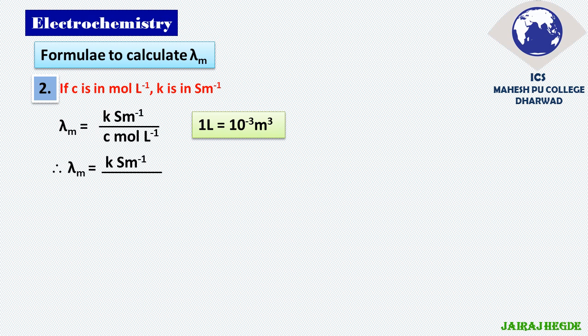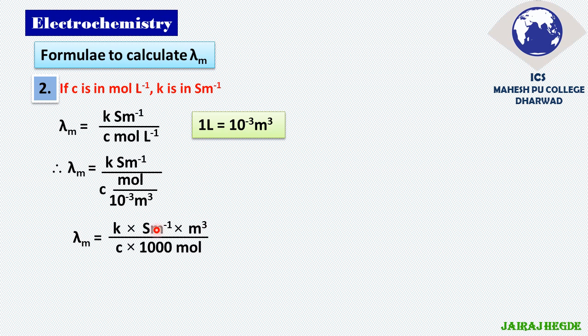If I substitute that, kappa in Siemens per meter divided by C into mole divided by 10 power minus 3 meter cube, this will go up and the formula will become kappa Siemens per meter into meter cube divided by C into 1000 mole.